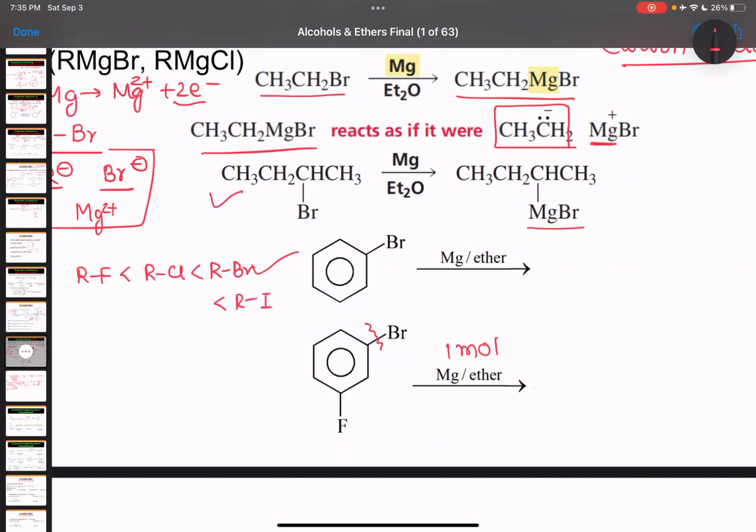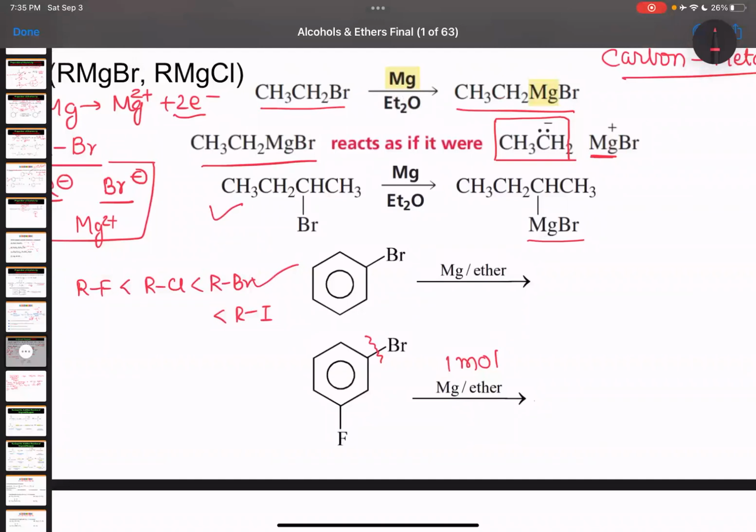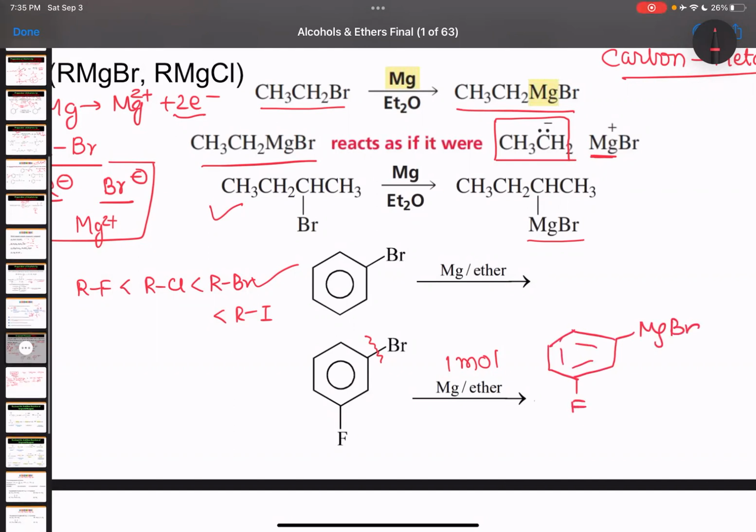As you have larger and larger halide, it is going to break more easily and the Grignard is going to form more conveniently. So this is going to be the answer, because this question is asked many times.